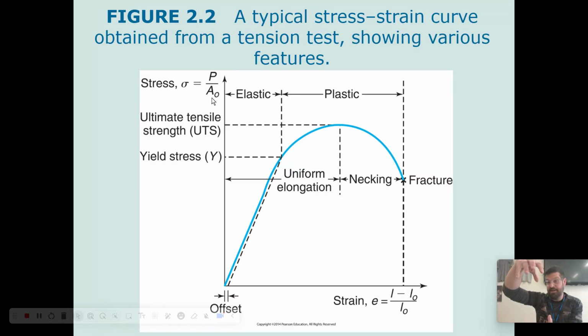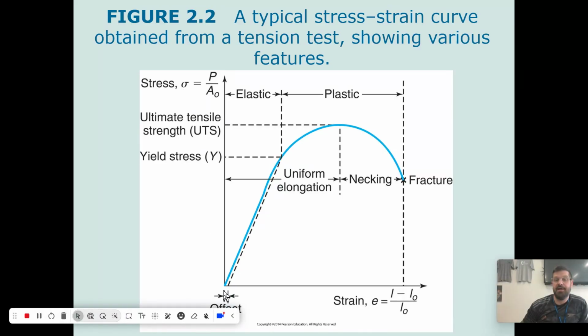If you're pulling on a very skinny thing like a paper clip, it requires less force to make it stretch apart. So the y-axis is measuring how much stress you're placing on the object, and the x-axis is how much the length of the object is changing over time.